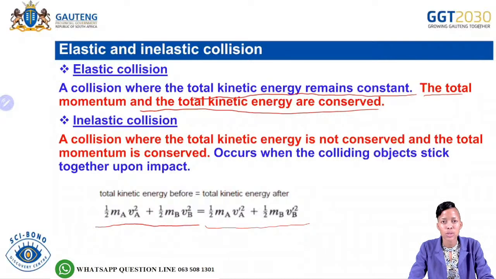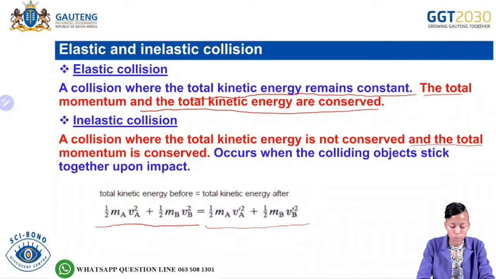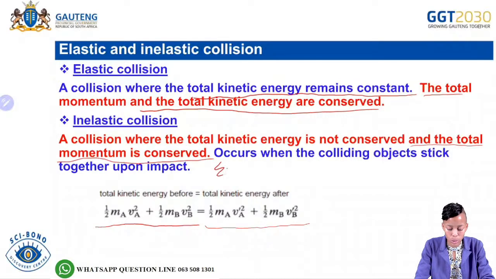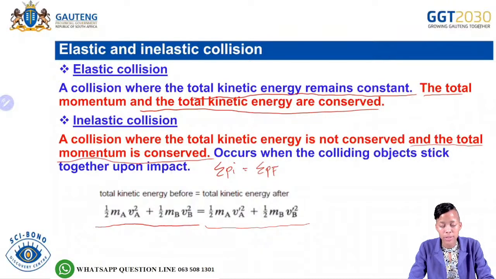Then for an inelastic collision, it says a collision where the total kinetic energy is not conserved and the total momentum is conserved. For this one, the total momentum is conserved, meaning the sum of the momentum before the collision is equal to the sum of the momentum after the collision.